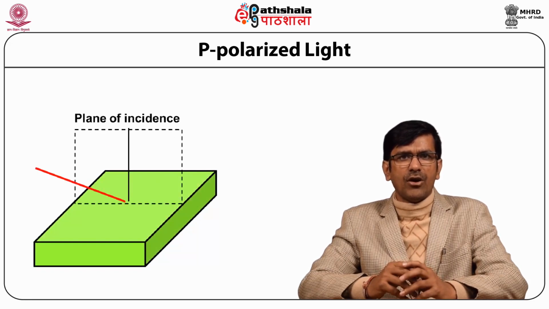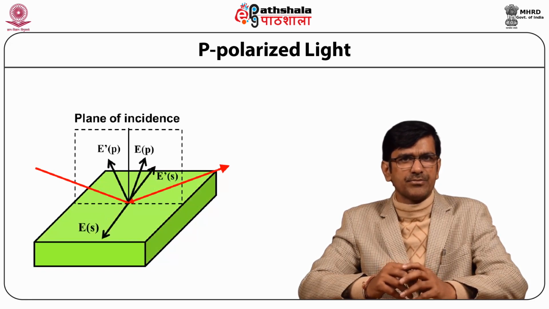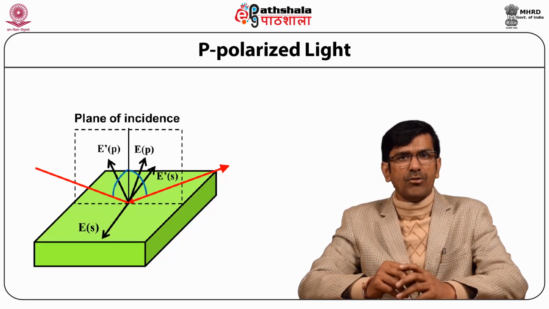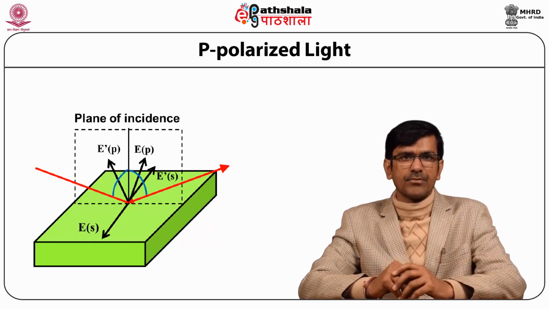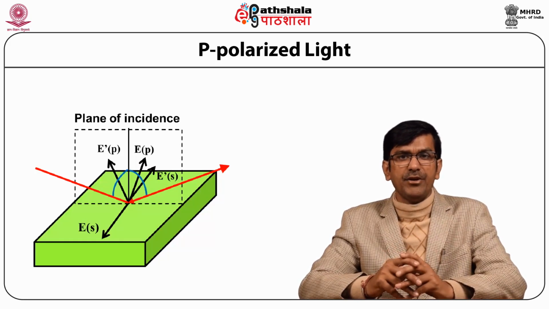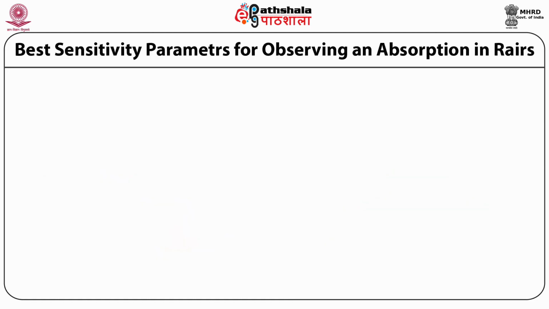S-polarized light is almost cancelled by reflection at grazing incidence. P-polarized light is almost doubled by reflection at grazing incidence. Only the P-polarized component of light can be reflected from the surface at high incidence angles. This explains the best sensitivity parameters for observing absorption in RAIRS.